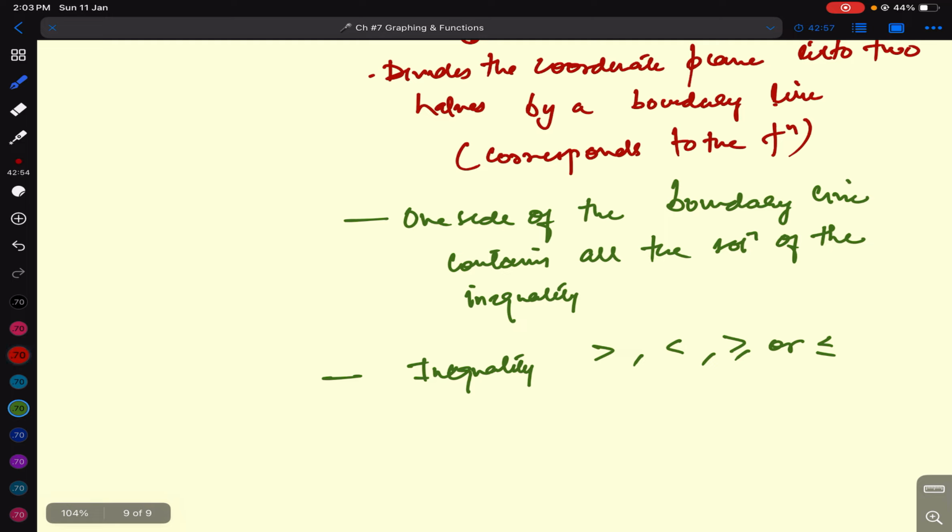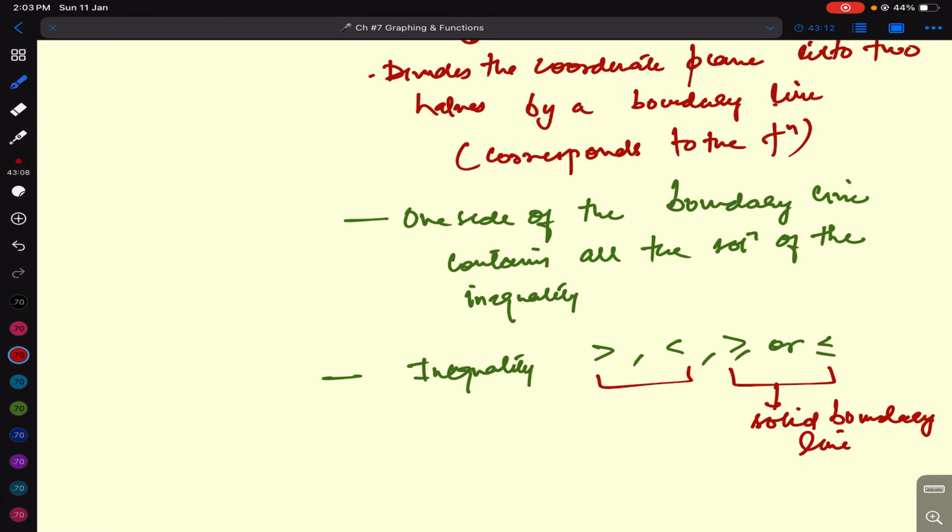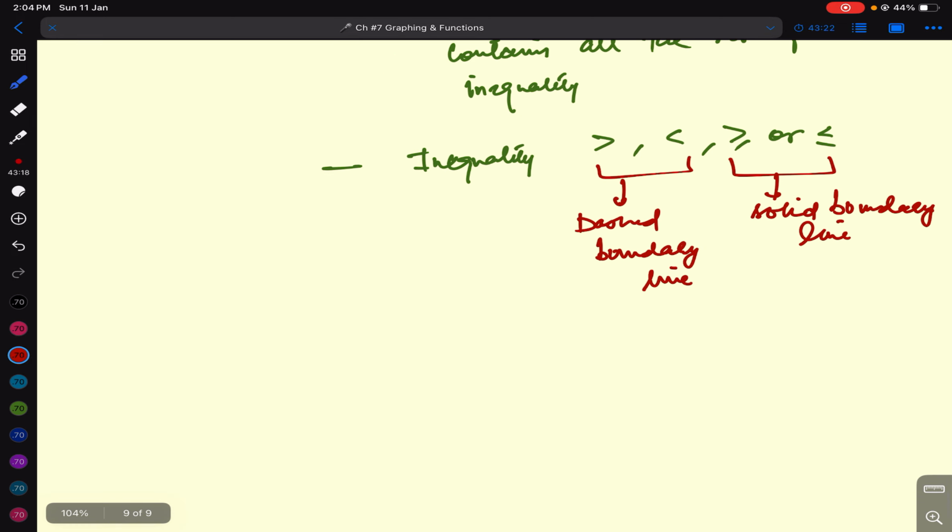Out of these four, the ones wherein we have an equality sign as well are denoted by a solid boundary line. The ones without equality are represented by a dashed boundary line.